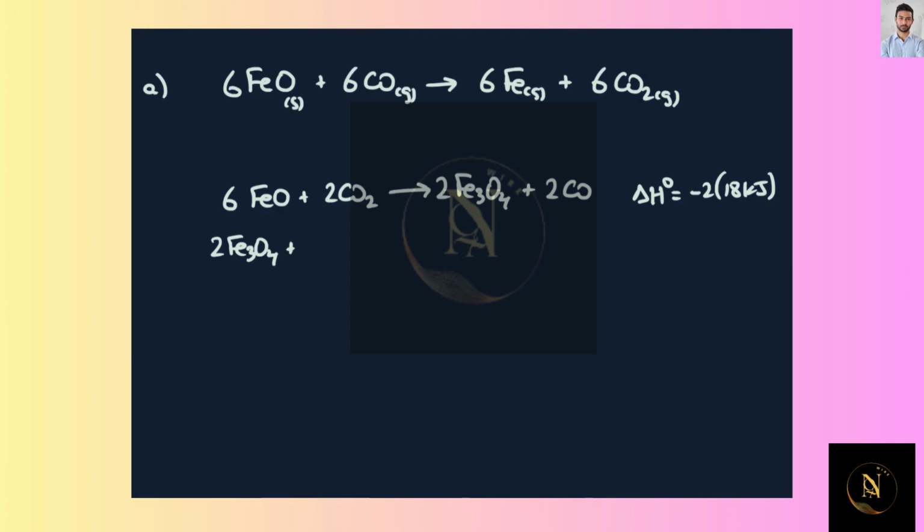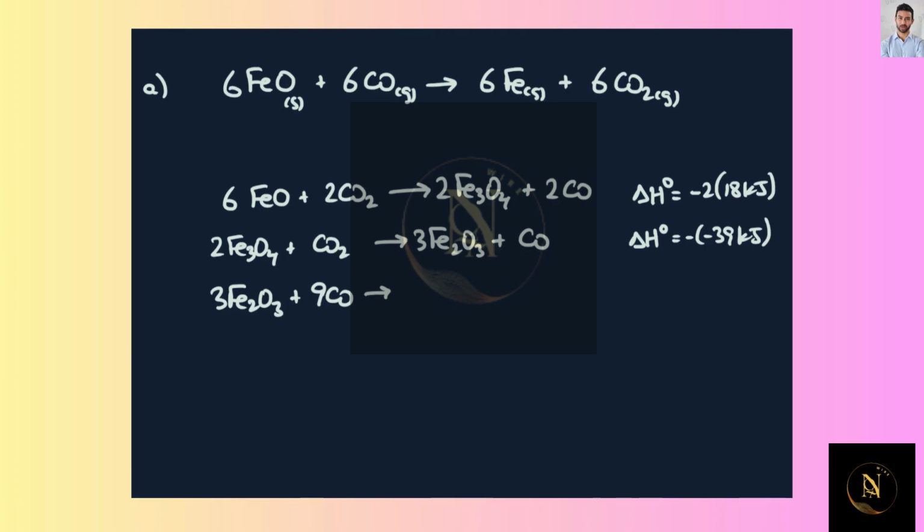And then we have 2Fe3O4 plus CO2, 3Fe2O3 and CO. Delta H naught here is equal to minus 39 kilojoules, and then we'd have 3Fe2O3 add 9CO, produce 6Fe and 9CO2.